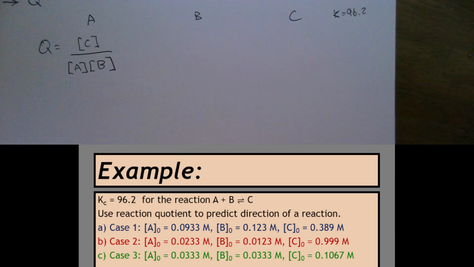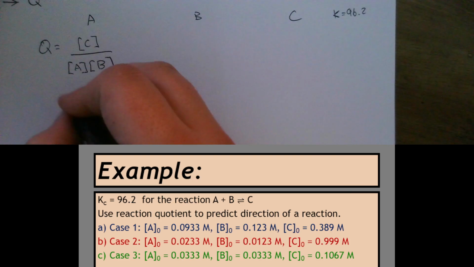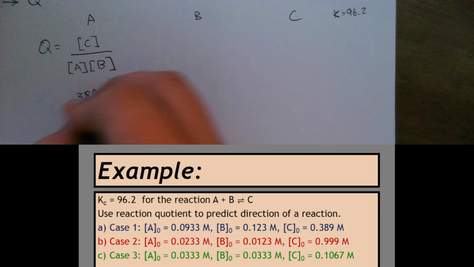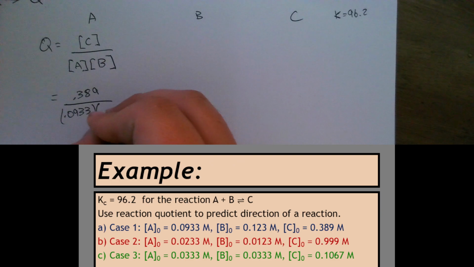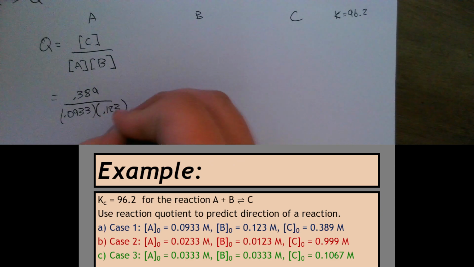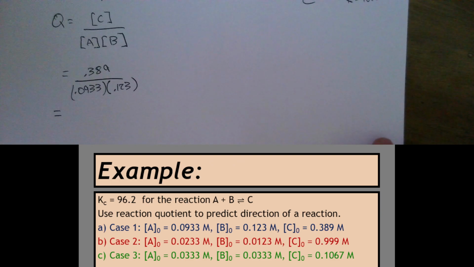It says A with a little 0 on the outside. That stands for initial concentration, so that's my initial amount of everything. So my C is 0.389 over 0.0933 for A, and B is 0.123. Plug in everything and find Q.